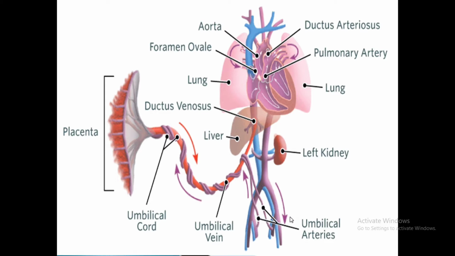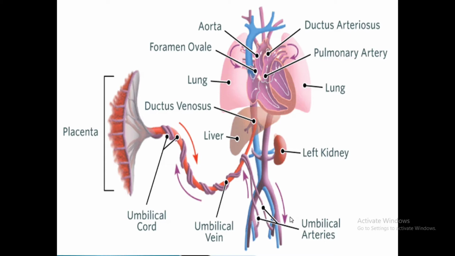And waste products and carbon dioxide from the fetus are sent back through the umbilical cord and placenta to the mother's circulation, to be eliminated. So in short, it is basically the previous picture which I have shown you, in which the fetus is attached to the placenta through the umbilical cord, and this is the fetal circulation.